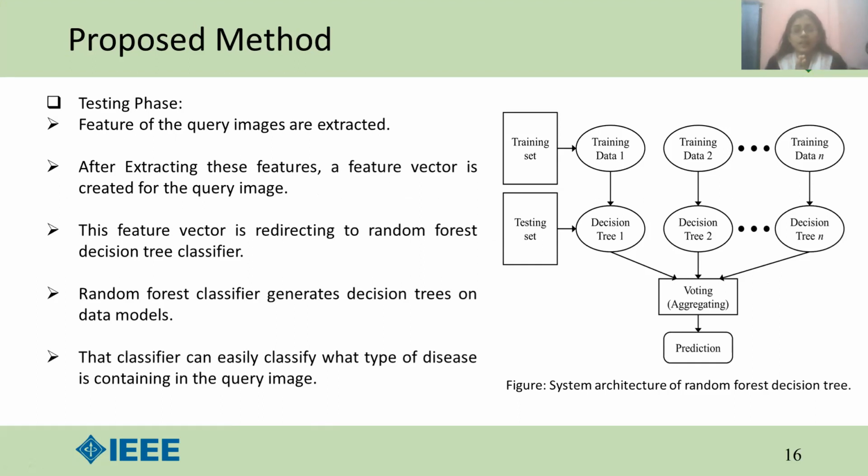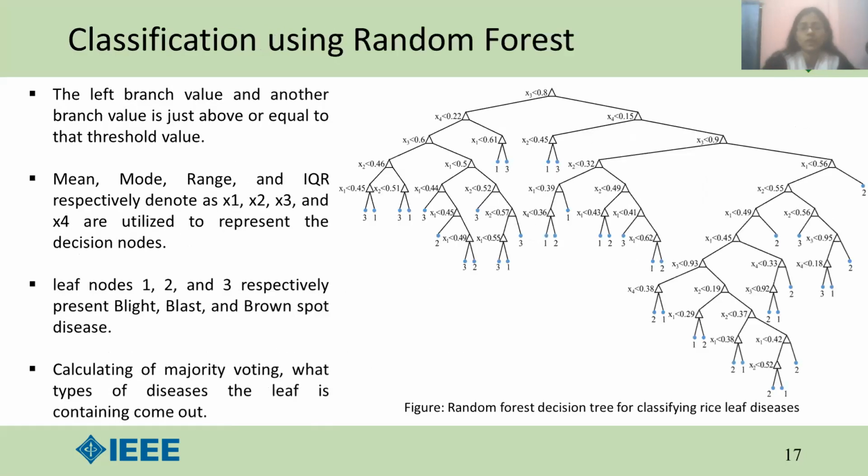And using the row feature and the column feature, they apply a decision, sent to the decision tree, and the decision trees aggregate the voting, and then find which disease is contained in the query image.